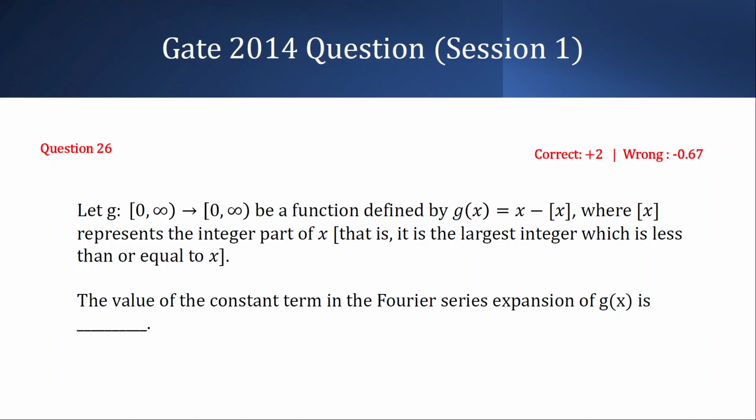Constant term means when we put x equal to 0... No, no. I'm talking about the Fourier series. This function is going to give you a plot, and you need to find the constant term in the Fourier series expansion. What is the Fourier series? First, tell me.